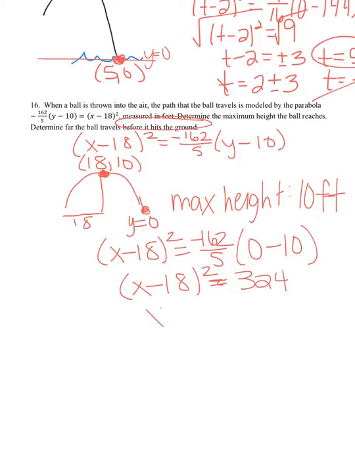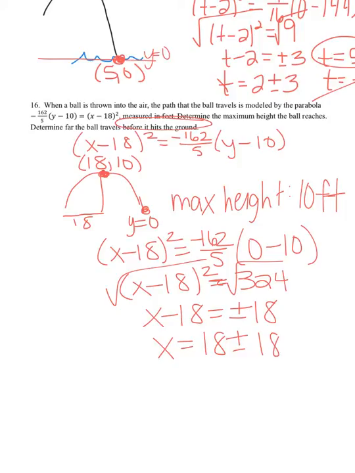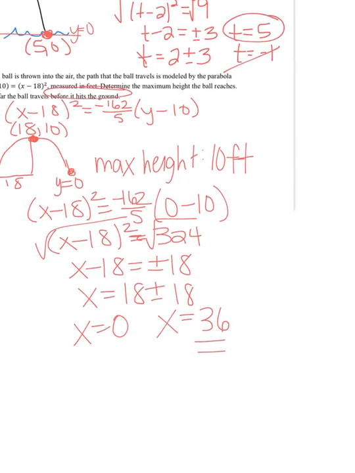So I take the square root. x minus 18 equals, the square root of 324 is actually a perfect square, positive and negative 18. So x equals 18 plus and minus 18. That is x equals 0 and x equals 36. So when x is 36, it'll travel 36 feet before it hits the ground. So the farthest it will go is 36 feet for the second part.